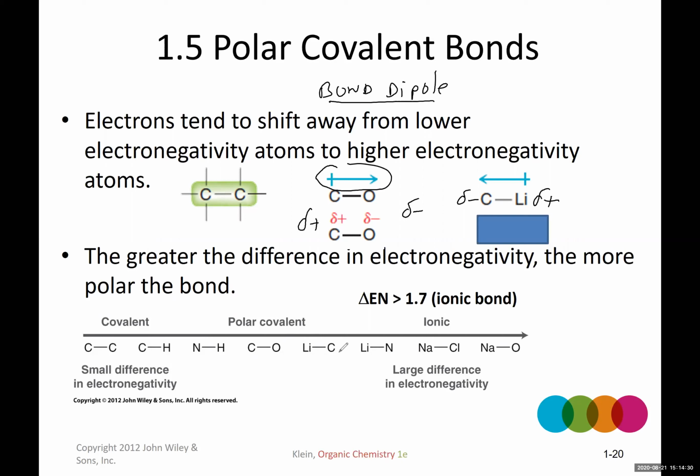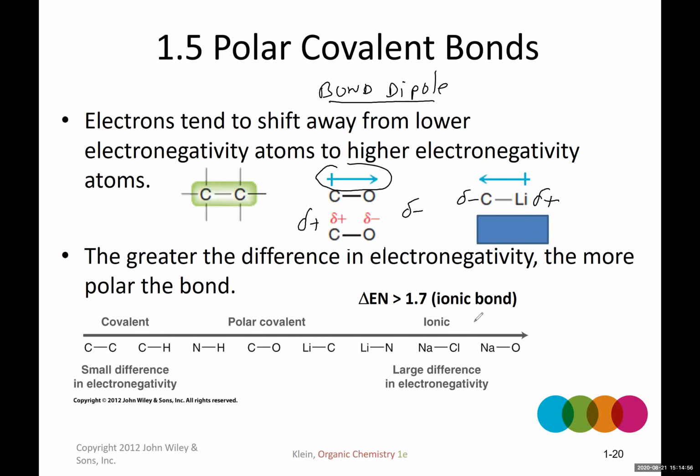As we go to greater differences in electronegativity between the bonded atoms, the polarity of the bond, the charge separation, increases. At some point, the difference in electronegativity is so large that the electrons are no longer shared. They're transferred to the more electronegative atom, and that's when you get an ionic bond.